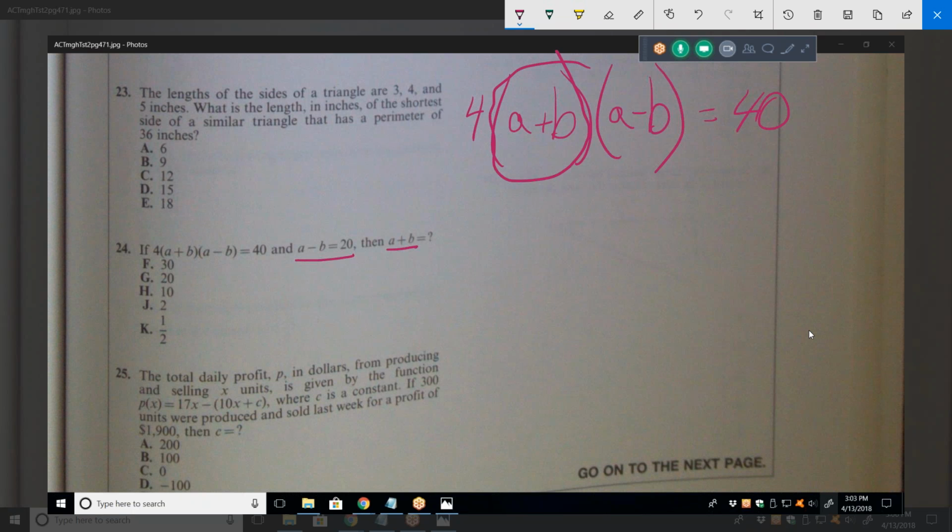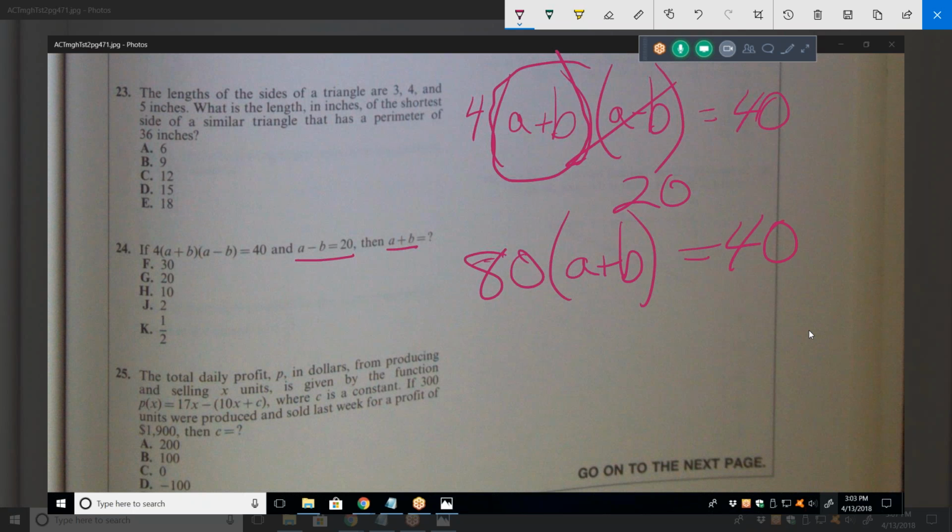Okay. Would you just plug in a 20 for the A minus B and then just... Now what? So now I have 4 times 20 times A plus B equals 40.